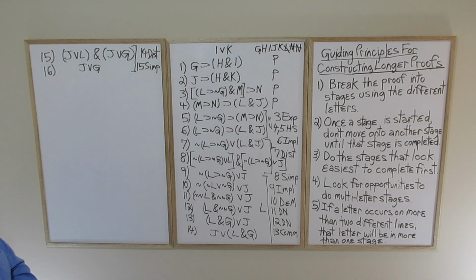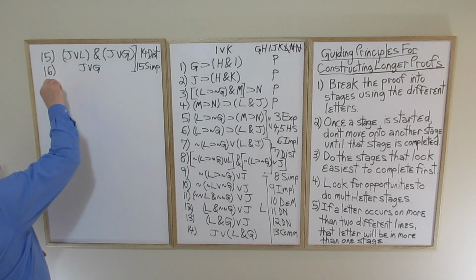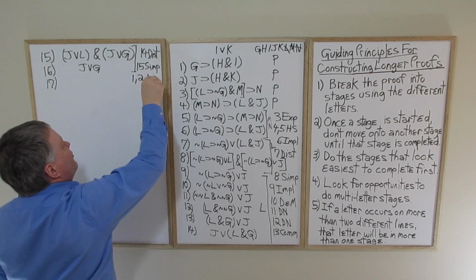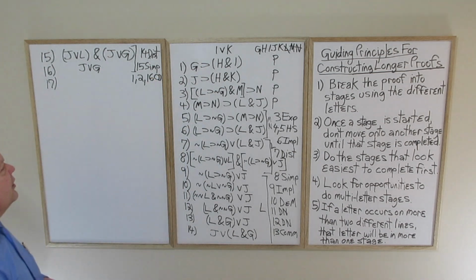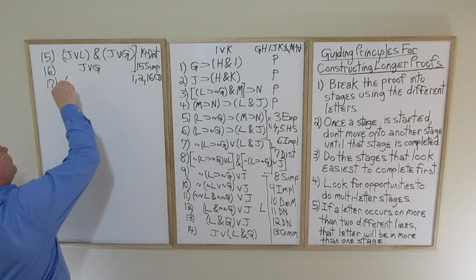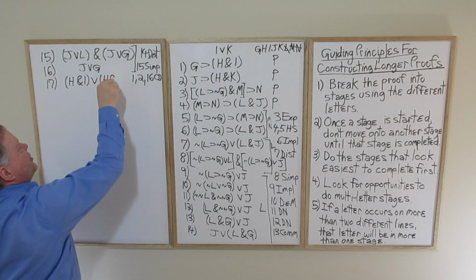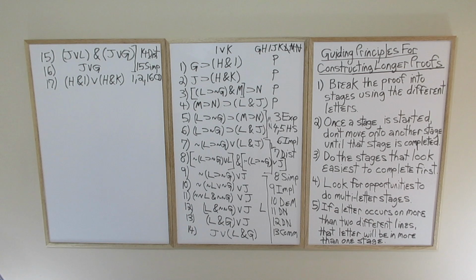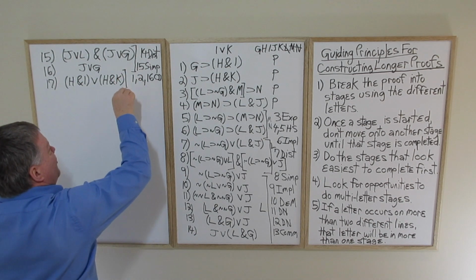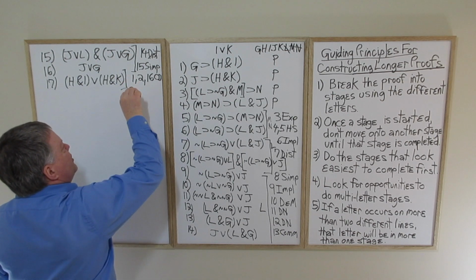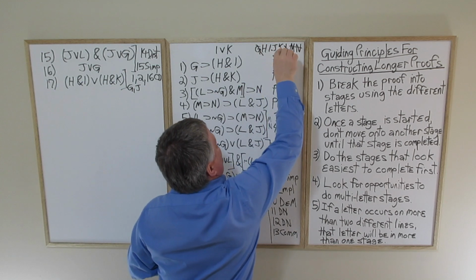Hopefully, you've now noticed the rare opportunity to do 1 to 16 constructive dilemma, which will give us H and I, or H and K. So, after all of that work, taking us 9 steps to do 2 removals of L-related information, in a single step, we're able to remove, by making use of the G and J related information.